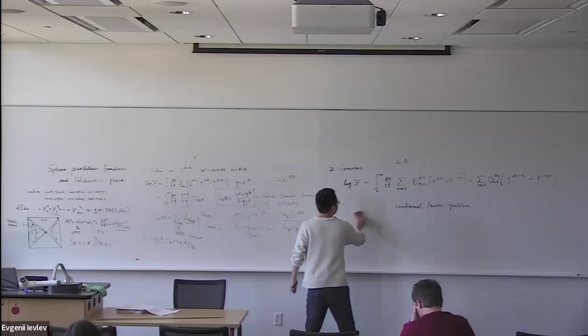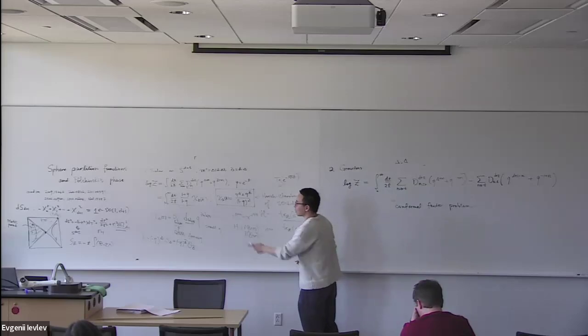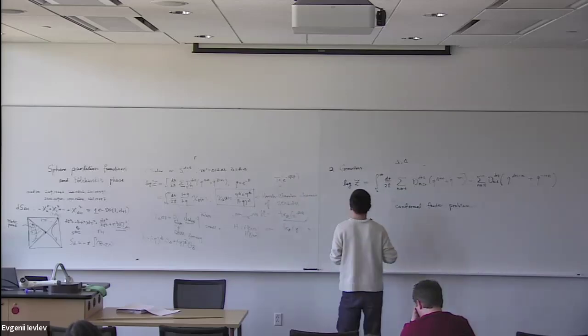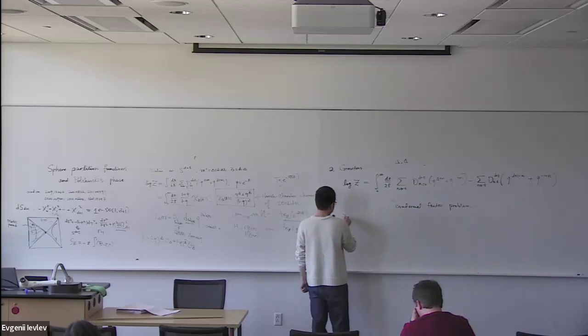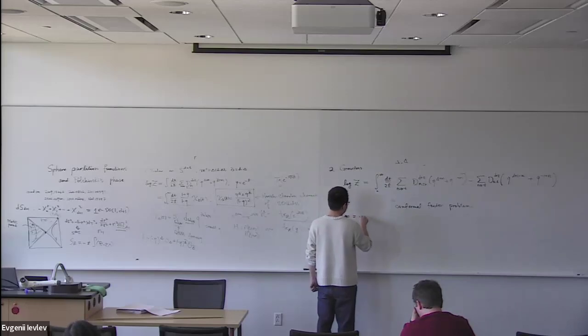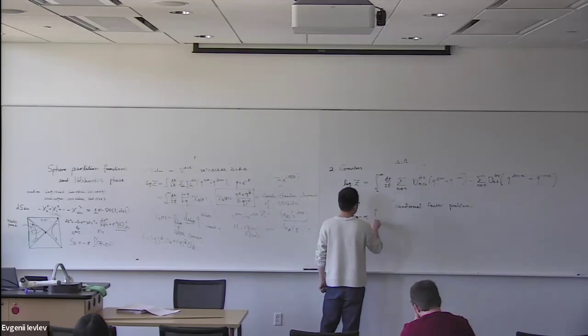So what's the conformal factor problem? We have that Euclidean action, with some coefficient I call kappa.